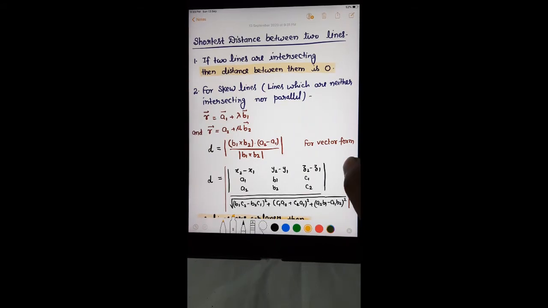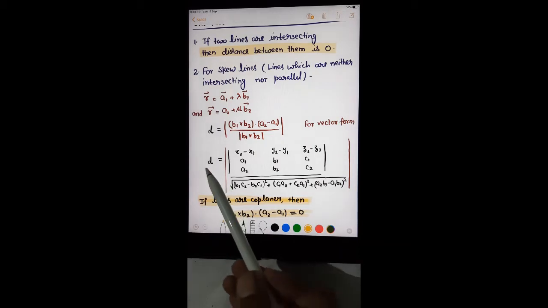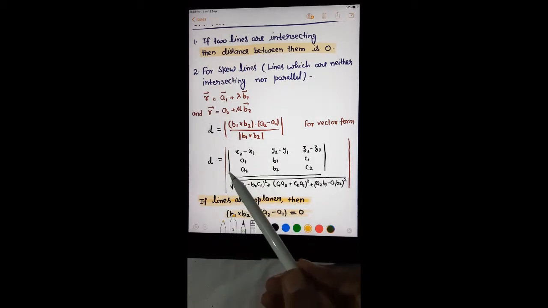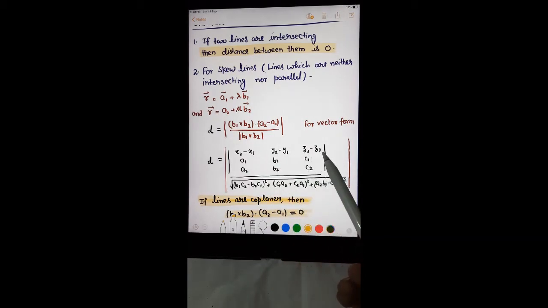This is the formula for vector form, and if equations of lines are given in Cartesian form, then we can use this formula: the determinant with first row x2 minus x1, y2 minus y1, z2 minus z1.